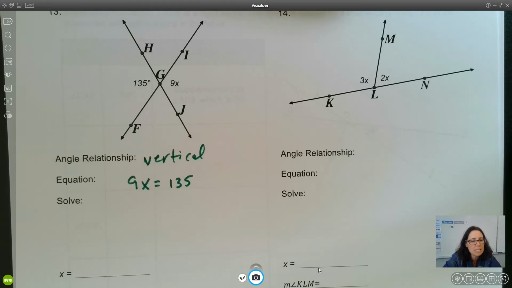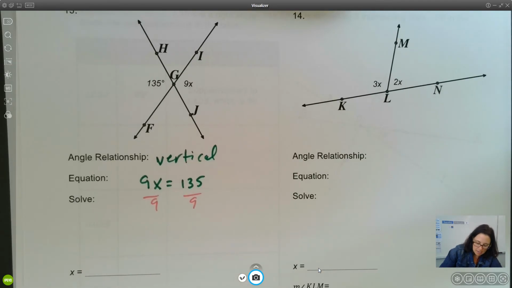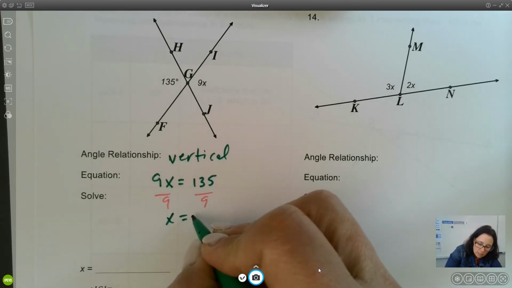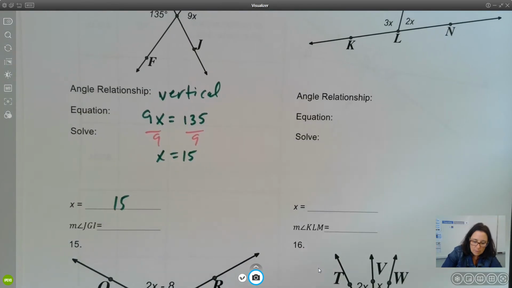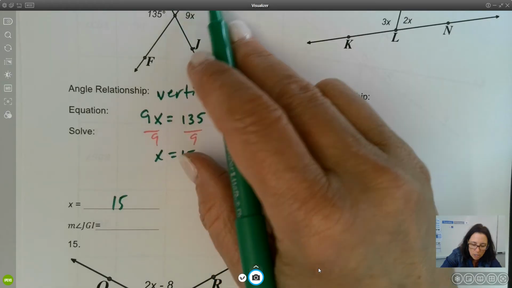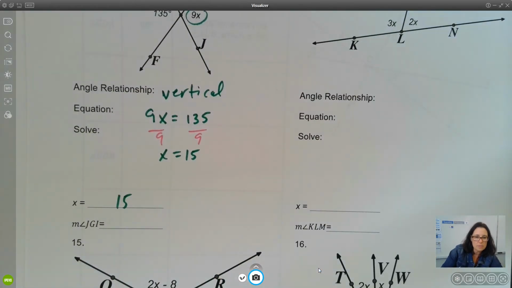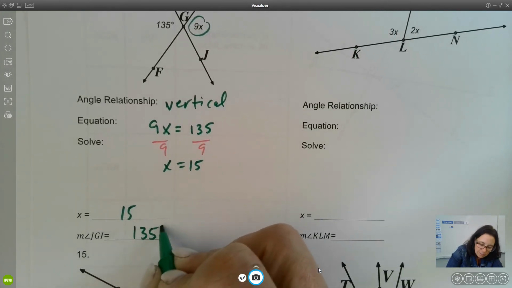Vertical angles you set equal to each other and solve. So we're going to divide by 9, and that comes out to a nice even 15. So x equals 15. Okay, but what's the measure of angle JGI? We have to do 9 times 15, which is 135 degrees.